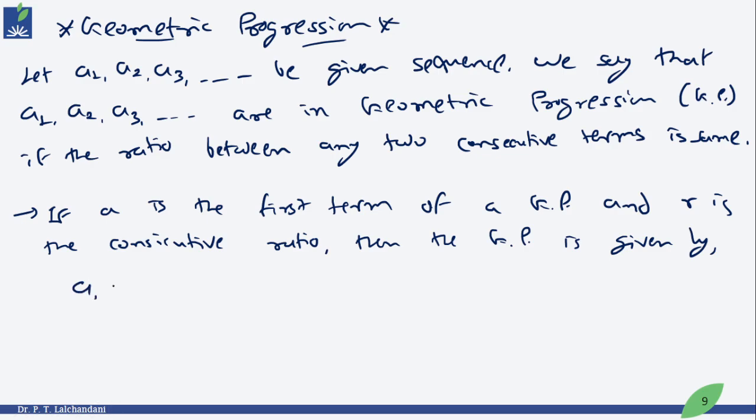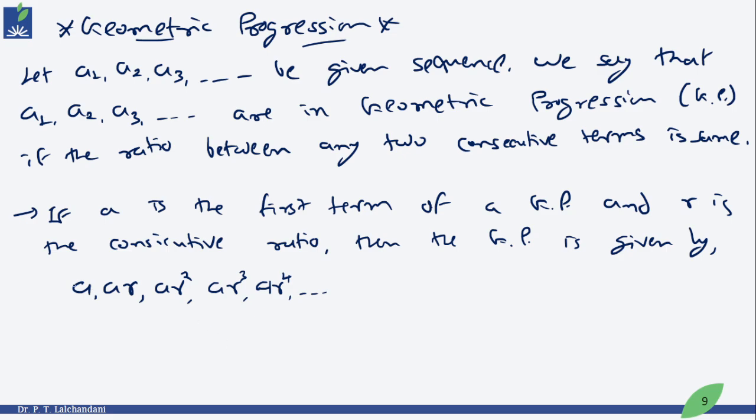A. What is the second term? A into R. You can observe that AR upon A is R, the consecutive ratio. What should be the next term? It should be AR square, because AR square divided by AR is R again. The next term will be AR cube, then AR raised to 4 and so on. So this is the general form of a geometric progression.